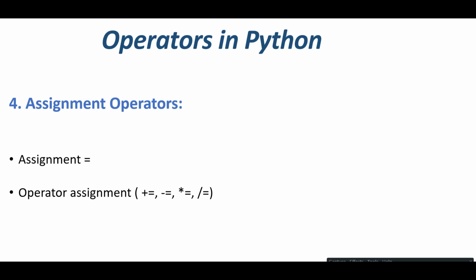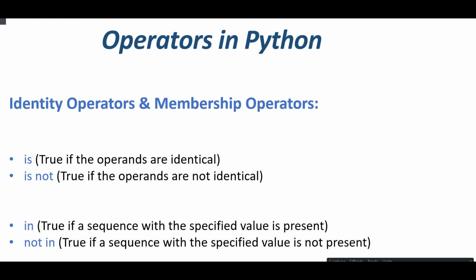And then we have something called the assignment operator, like a equals 5, right? When you write this, the value 5 is assigned to a. That's what the assignment operator is. And there are operator-assignments as well, plus equals, minus equals, that I will show you while doing the code. All right, so apart from this, we have identity operators and membership operators as well, like is, is not, in, not in.